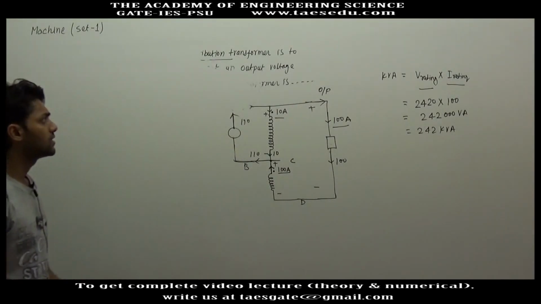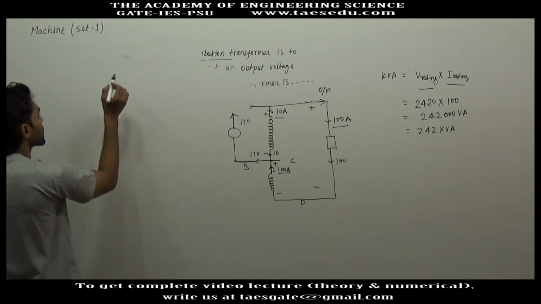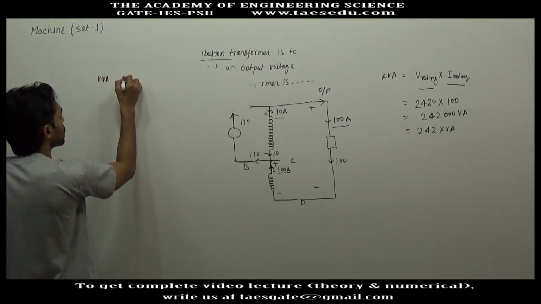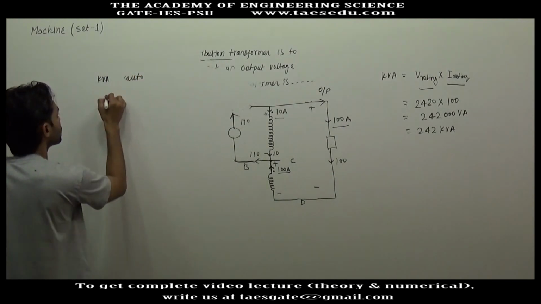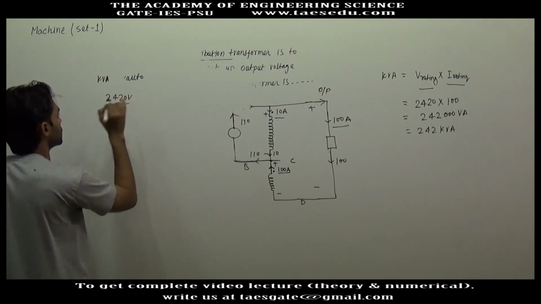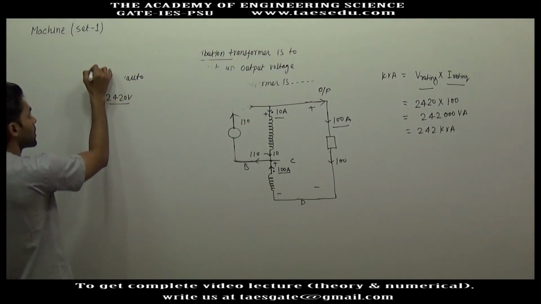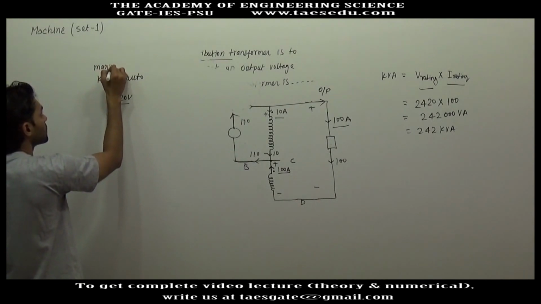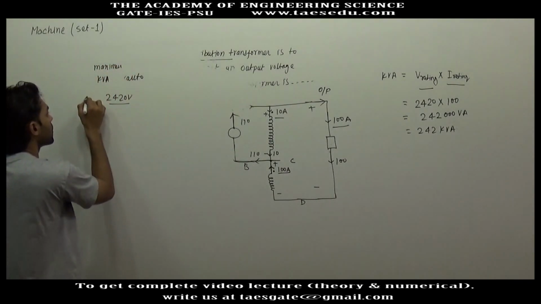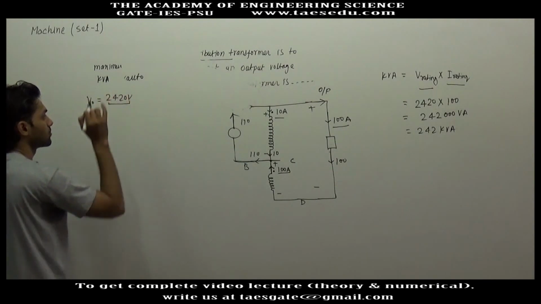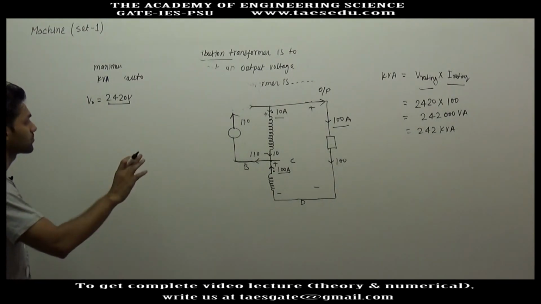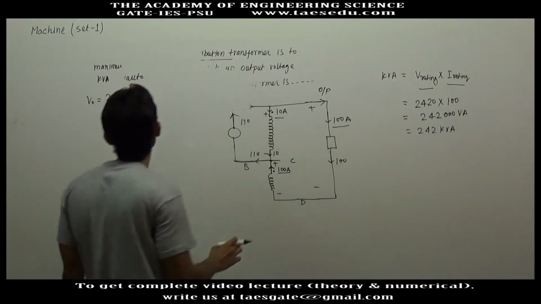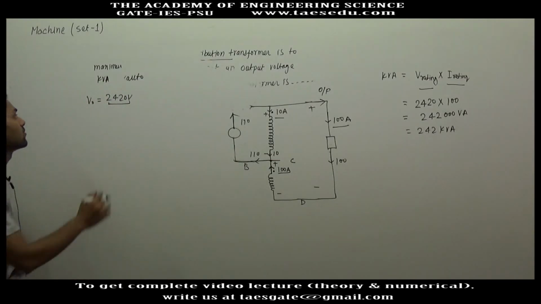In the question it is asked about the maximum possible kVA of this auto transformer when the output voltage is 2420 volt. From the statement of the question, it seems that there may be one more kVA rating for this output voltage.